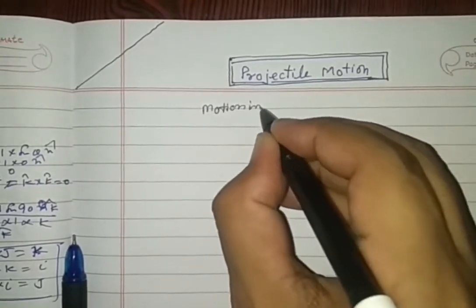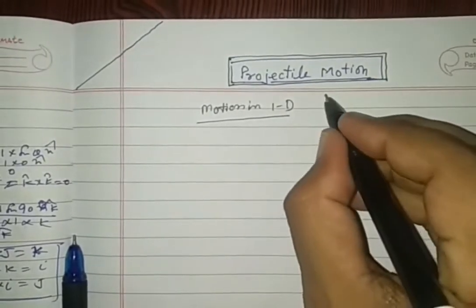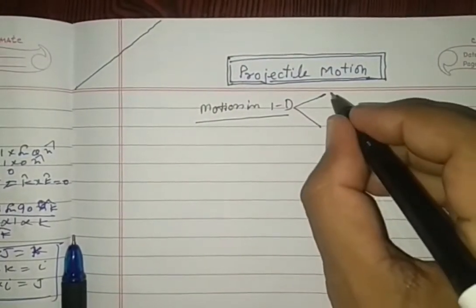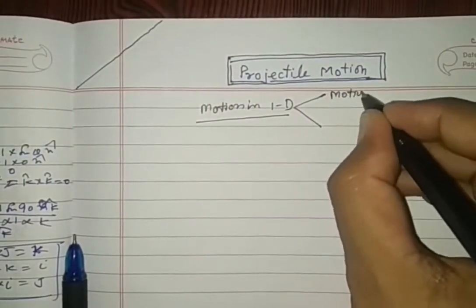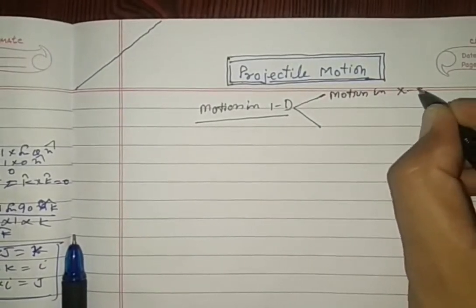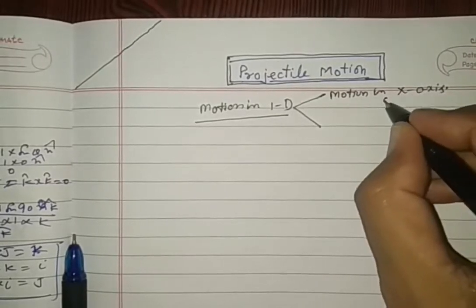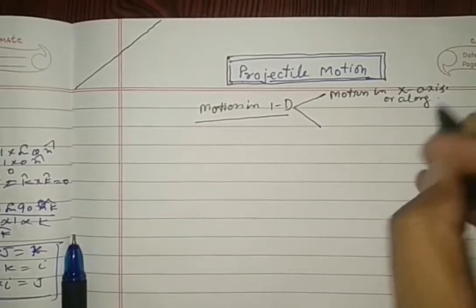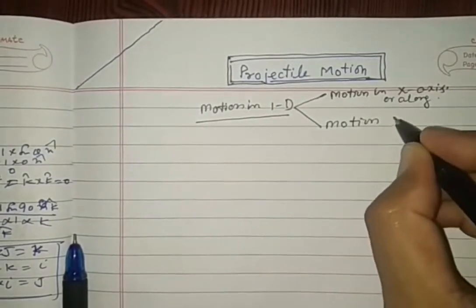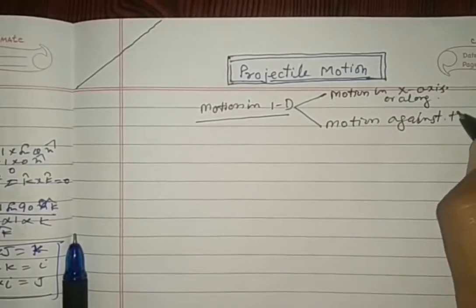Motion in one dimension. Motion in one dimension has two parts. The first, motion along the x-axis, and the second, motion against gravity.